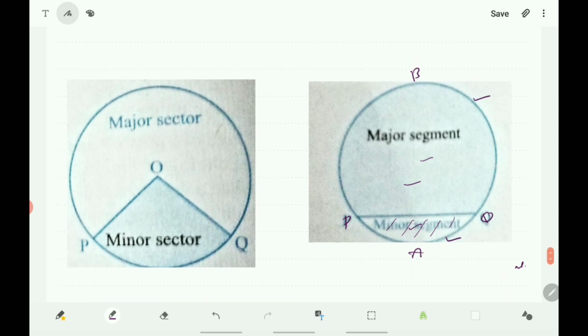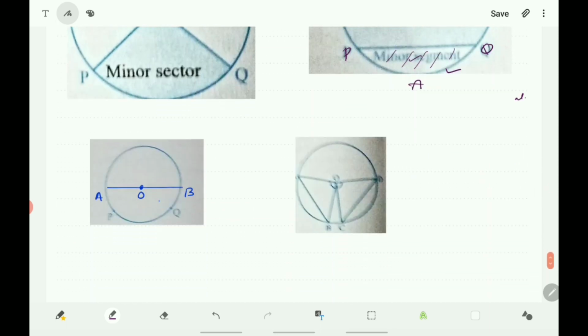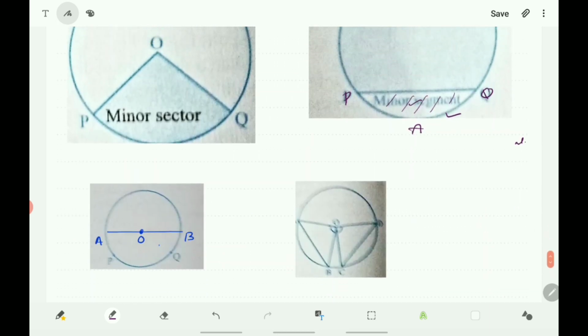The region between the major arc and the chord is called the major segment. And if the chord is a diameter, the two pieces are equal and they are called semicircles, and the segment is called the semicircular region.